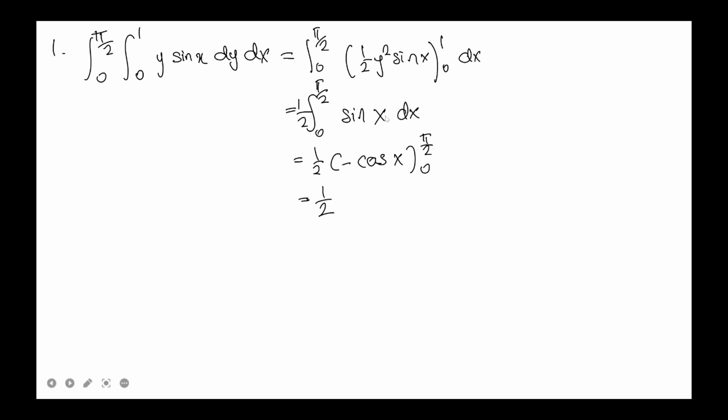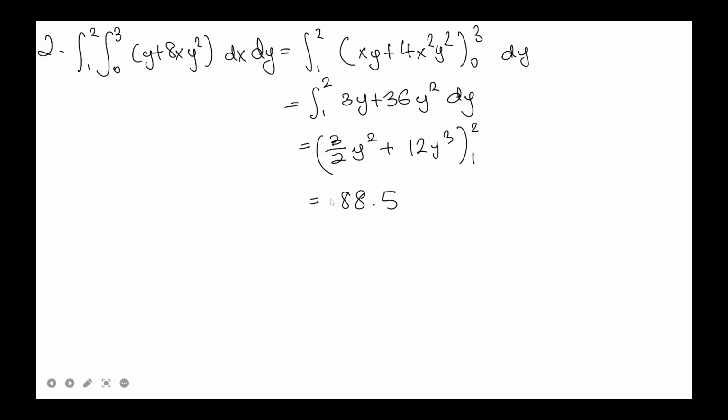We know how to do integration, and then we integrate by x. Substitute the value. Cosine of 90 is 0, plus cosine of 0 is 1, so the integral is 1 over 2. You can do dx first and then dy, but make sure the boundaries are also exchanged.